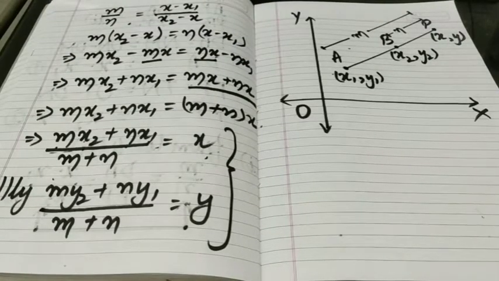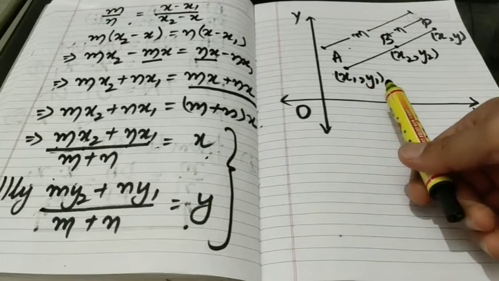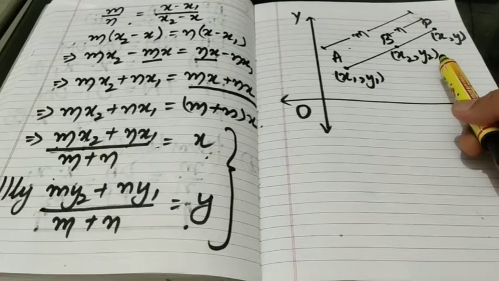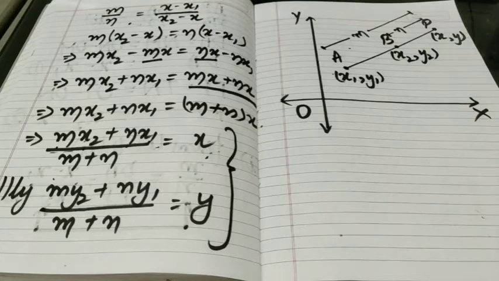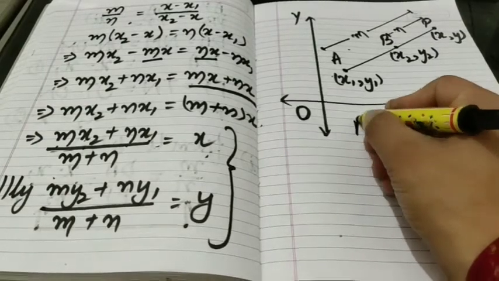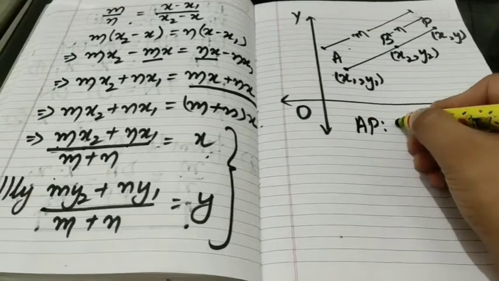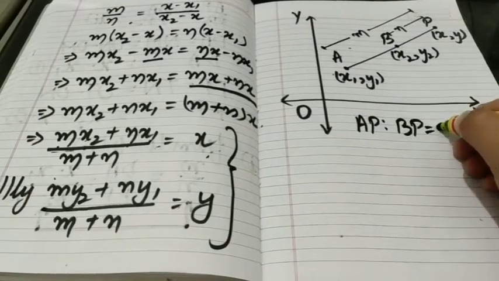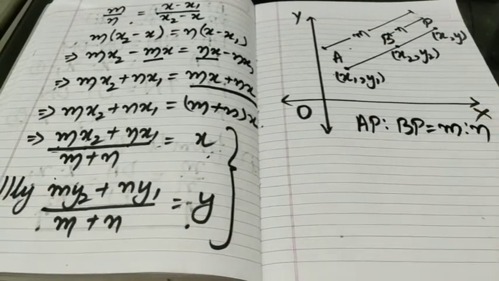Let points A, B and P be collinear, with the coordinates of point A being (x1, y1), that of point B (x2, y2), and that of point P (x, y). Let point P divide line segment AB externally, in such a way that the ratio AP to BP is m:n.